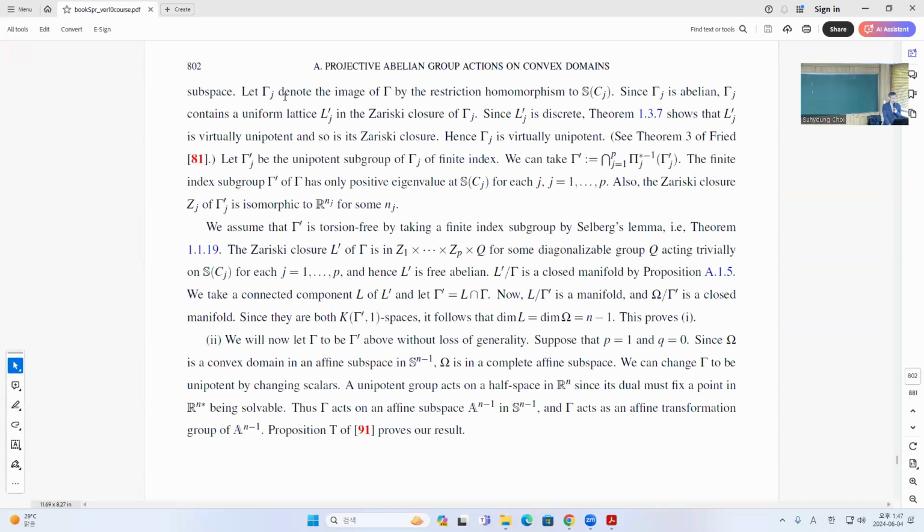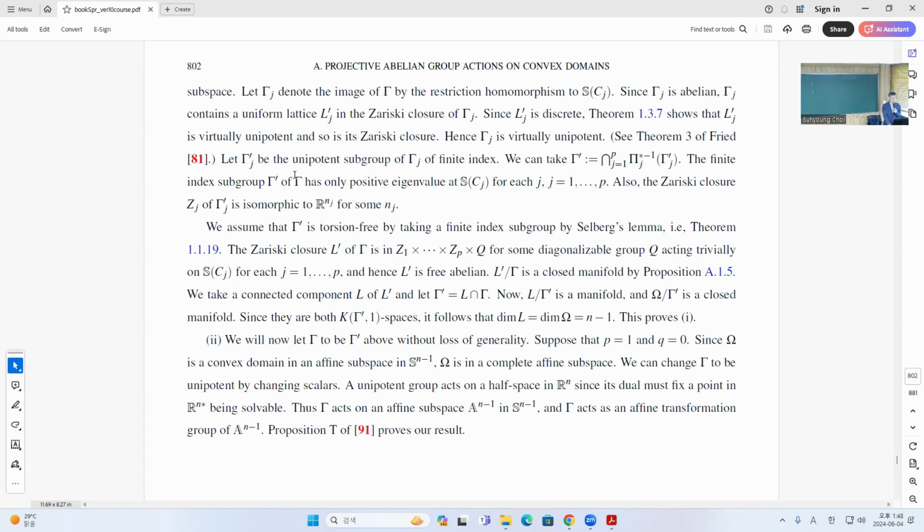And so you restrict this gamma to gamma j, and gamma j is again abelian, and there's a unipotent lattice. So this will also be free abelian. So a unipotent lattice in the Zariski closure of this. So this is discrete. So this shows that this is also virtually unipotent, and so it's a Zariski closure. So gamma j is actually virtually unipotent.